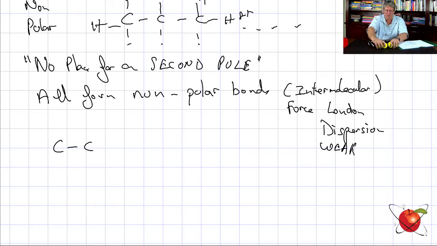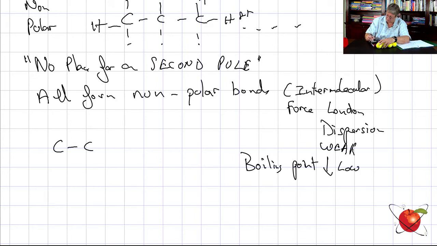So the bonding together of these two is actually very weak, which means that if they are weak, their boiling point is low. It's all relative. So there we go, and we've got another C and a C, and they are linked over here. Just conceptually, they're linked like that.